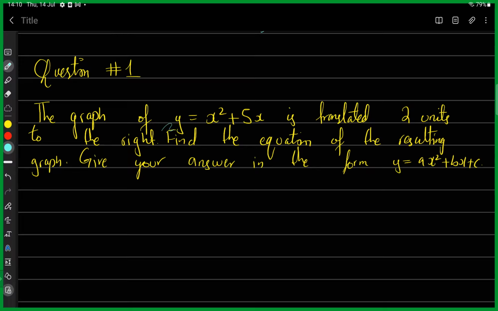This is the original function, and they have told you that you would be moving it 2 units to the right. Can you guys try doing this question? Just try doing it. I'll give you 2 minutes, please.